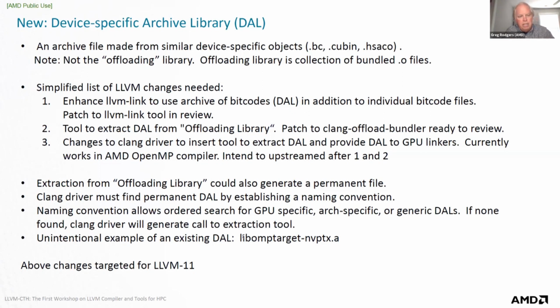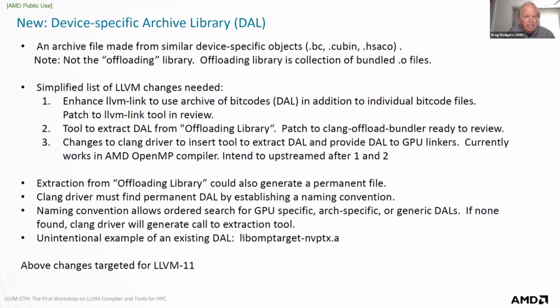To use this, I've listed some things here that we're working on that are needed in LLVM to make these DAOs useful. The first one is fairly simple: enhance llvm-link to use archives of bitcodes, in addition to individual bitcode files.